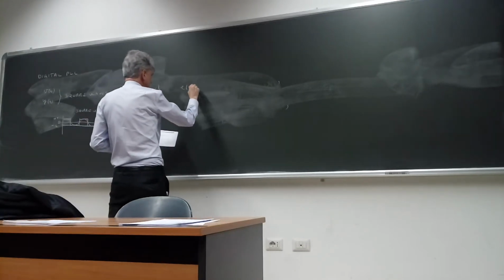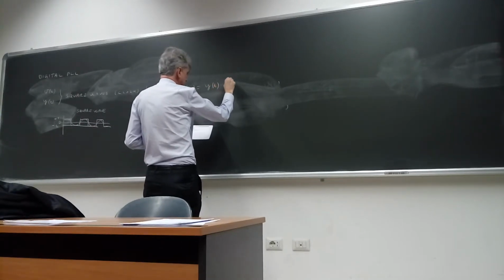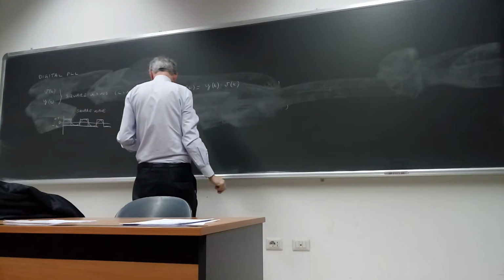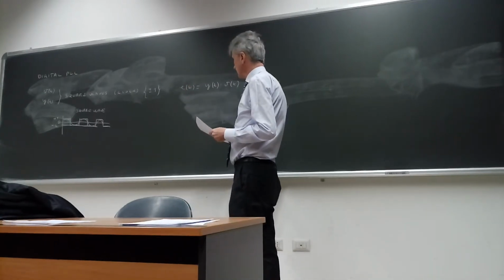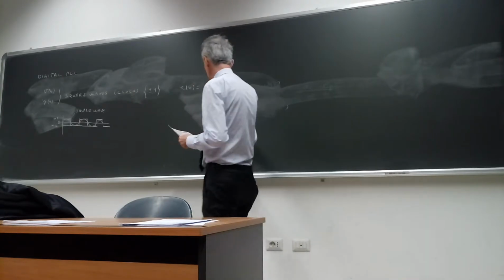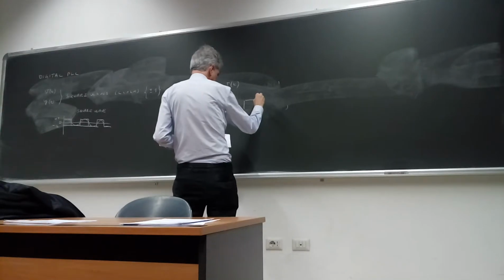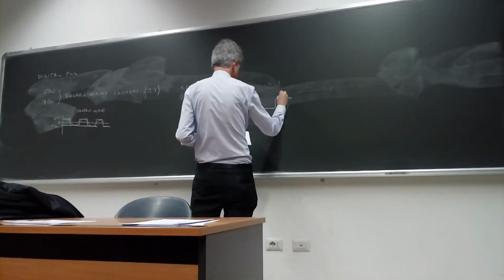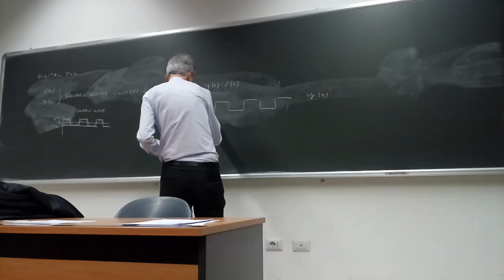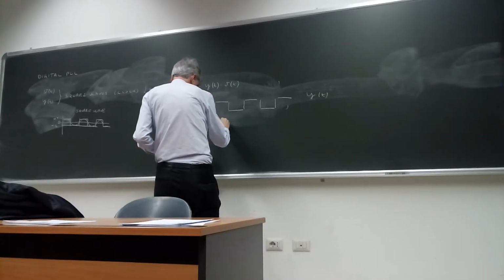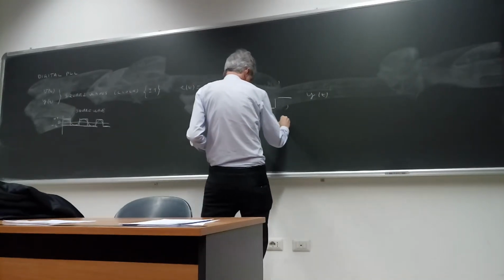The error is y times v. So at the phase lock, this is the input y, the output v is this.